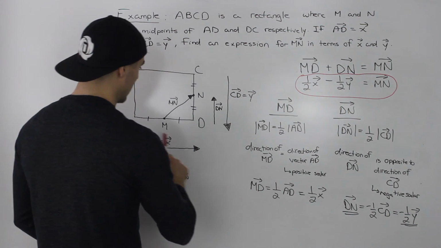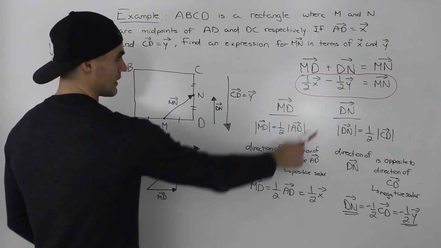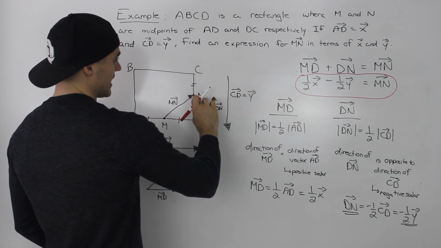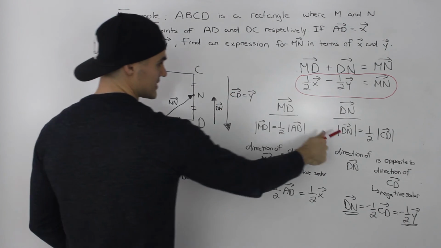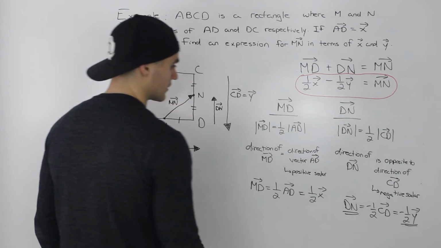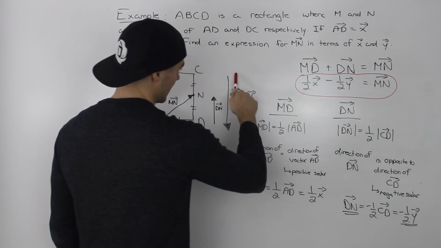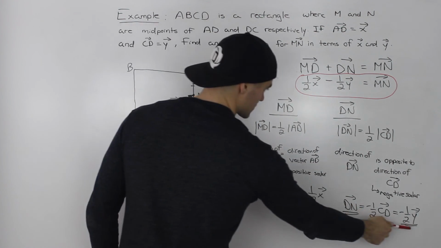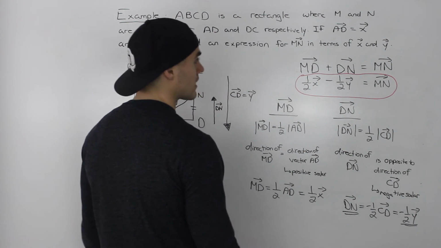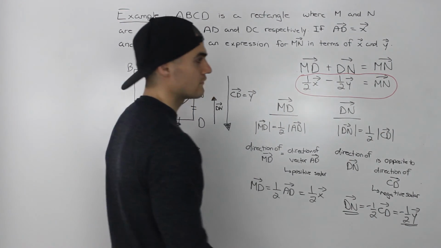So we got a final expression for MD as 1/2 of vector X. Now, this next vector DN was half the magnitude of vector CD, however it was going in the opposite direction, so we had to multiply it by a negative scalar. So vector DN is equal to negative 1/2 times vector CD, and CD is Y, so vector DN is equal to negative 1/2 times vector Y. So vector MN is equal to 1/2 vector X minus 1/2 vector Y.